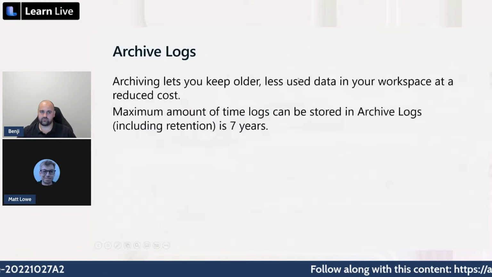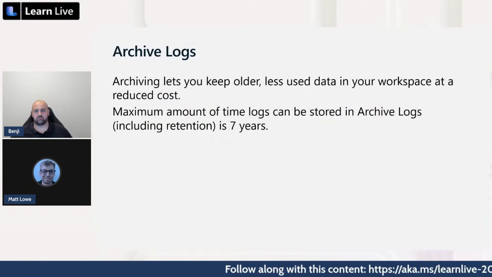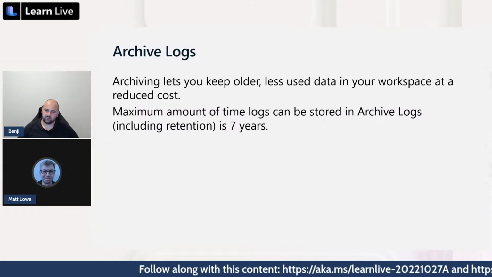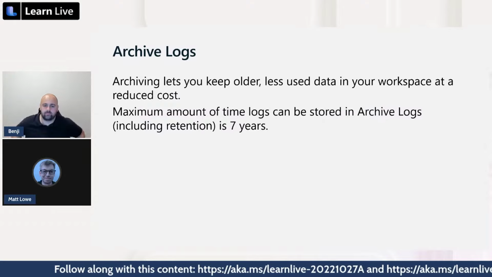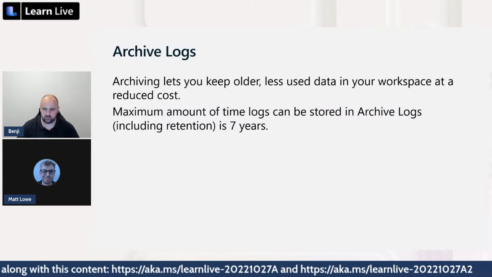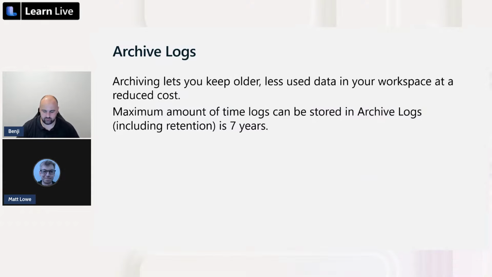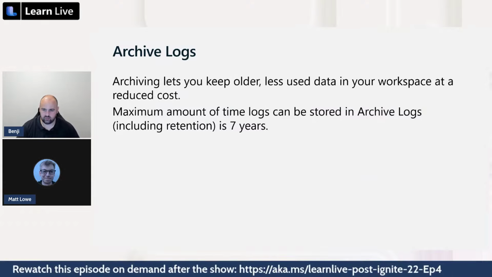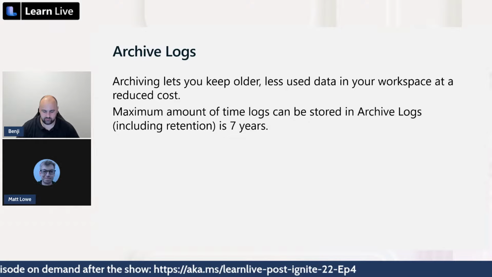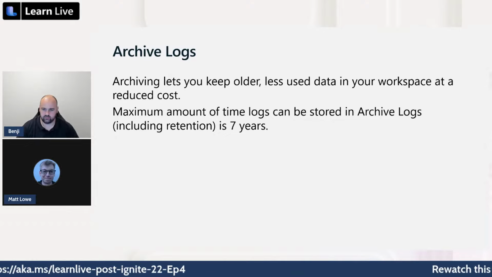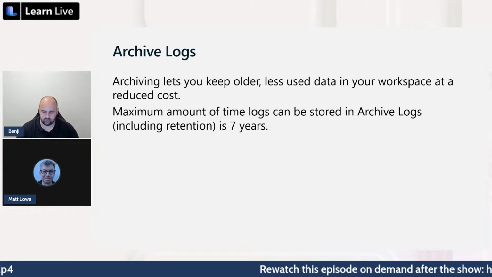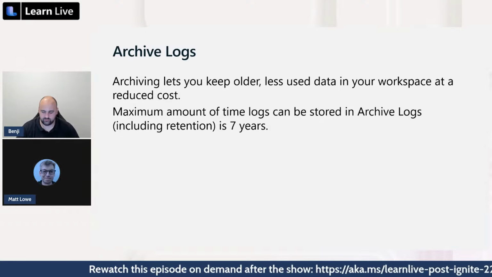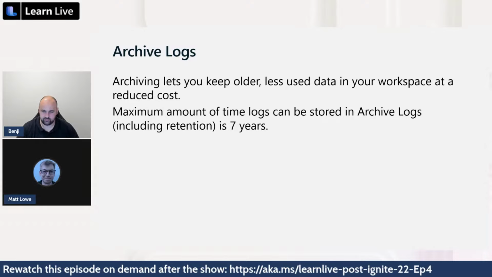Well, there we are. I went ahead a little bit. So if you're looking to keep your data for an extended amount of time beyond, say, the hot tier of 2 years, we have the archive tier of up to 7 years, which we've talked a little bit about throughout today's sessions. As I mentioned earlier, as soon as the data hits the end of the retention policy, say the 90 days or the 2 years, it will automatically pivot to the archive tier if it's configured to be archived.